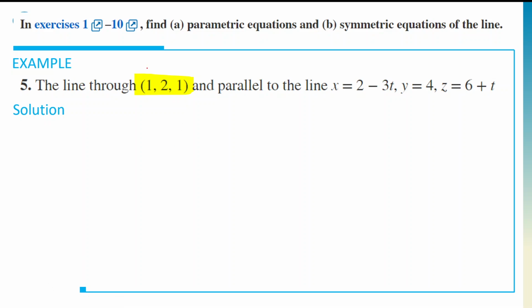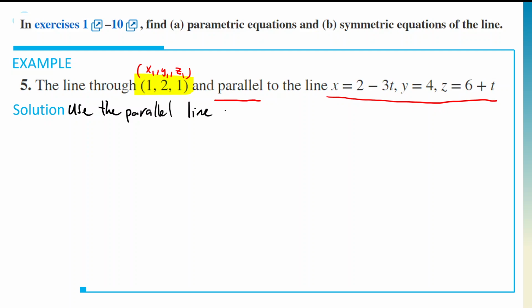We have the point, which will be x1, y1, z1, and they tell us that it's parallel to this line. Now remember, what do we need? We need a point, which is already given, but from the parallel line, I can get the parallel vector. So what I have to do is to use the parallel line to get the parallel vector.